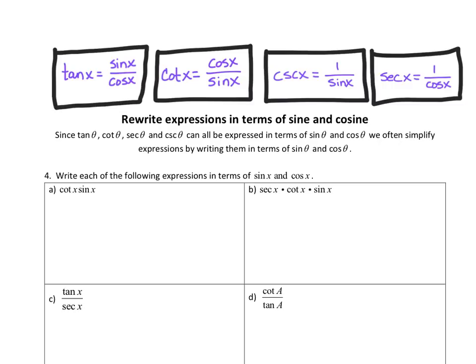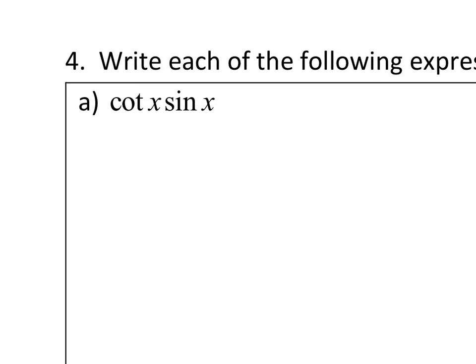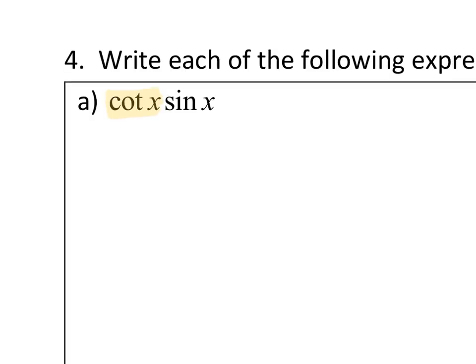So let's practice writing expressions in terms of sine and cosine. For example, if I ask you to write this expression in terms of sine and cosine, one of the 2 things being multiplied is already sine, so we don't need to change that. But we do have one of the things being multiplied as cotangent, and so we want to change cotangent to a form of sine and cosine.